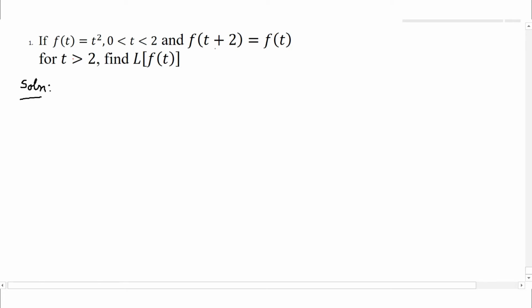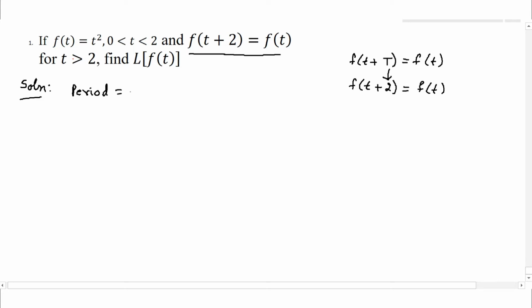You can find it from the form f of t plus T is equal to f of t, which says the function is periodic. In the question it is given f of t plus 2 is equal to f of t, which means the period in this case is 2.